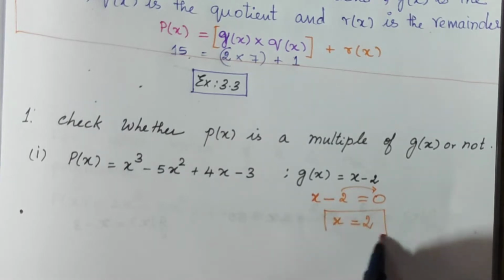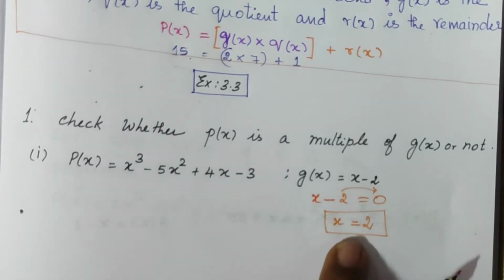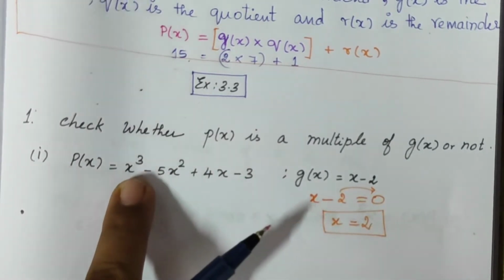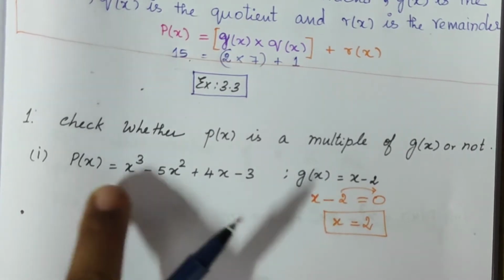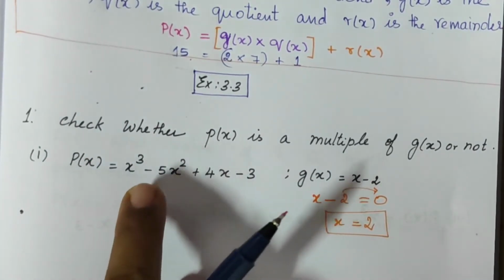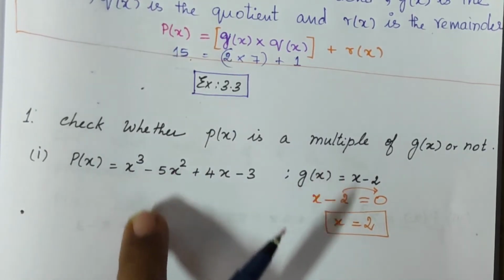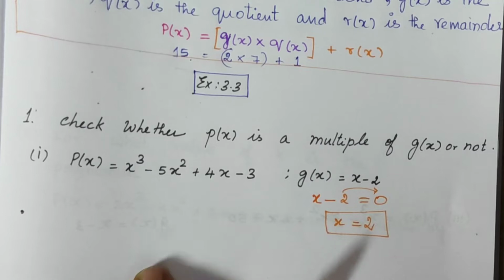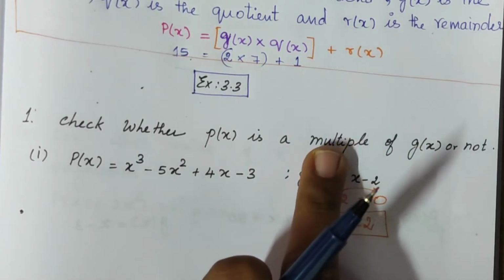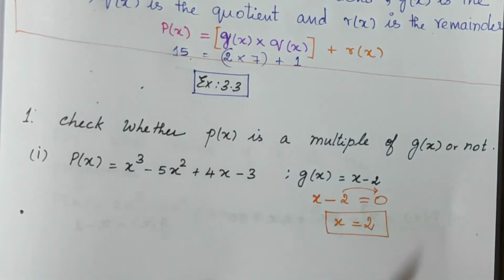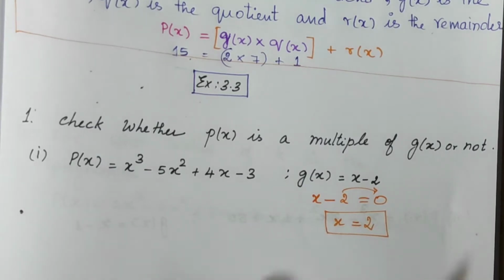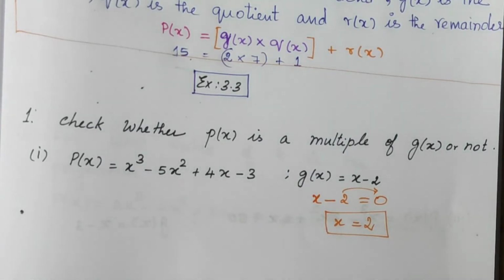Okay, so take this 2 and substitute in the place of x. Suppose when you substitute this 2 in the place of x you get p of x equal to 0, then it is a multiple of g of x. If it is not equal to 0, then it is not a multiple of g of x.